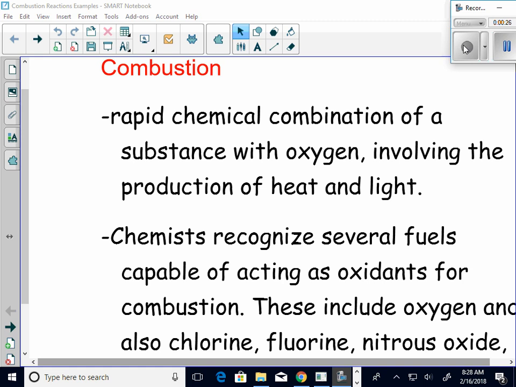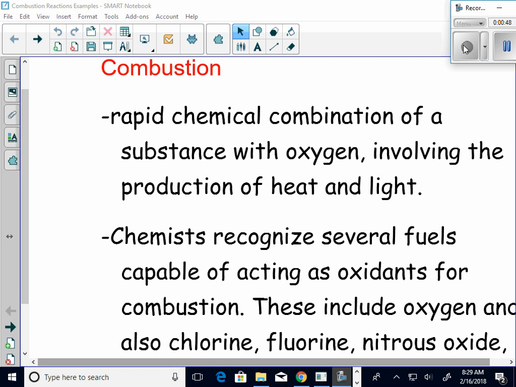What is combustion? It is a rapid chemical combination of a substance with oxygen involving the production of heat and light.